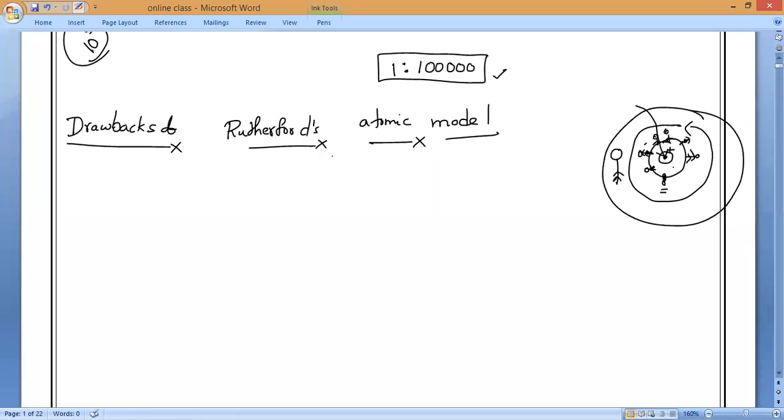Actually they should fall, yes or no? After revolving for a certain time, they must fall into the nucleus, because they lose energy. But it is not happening. Why? Mr. Rutherford was unable to explain. So that is the first disadvantage of Rutherford's atomic model. Please write.